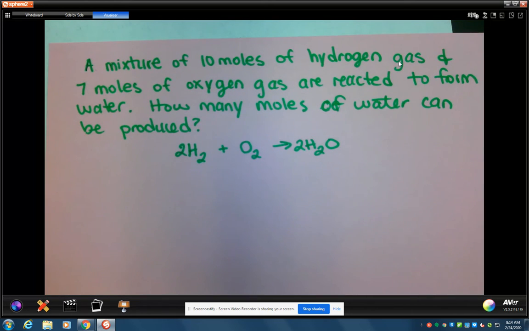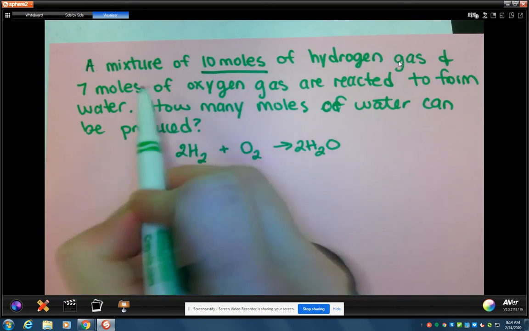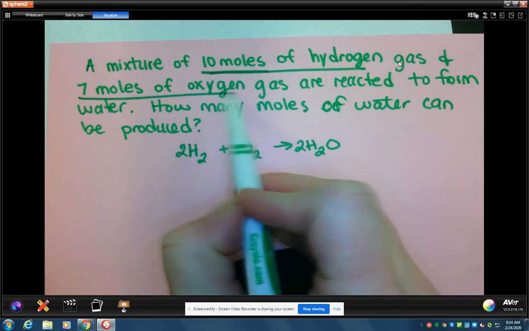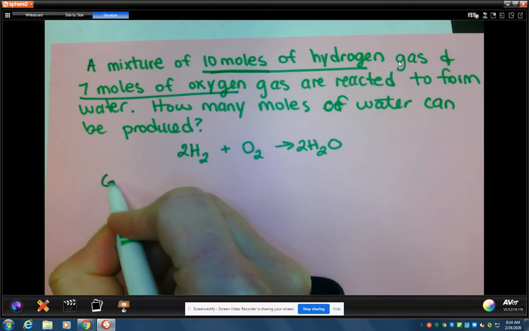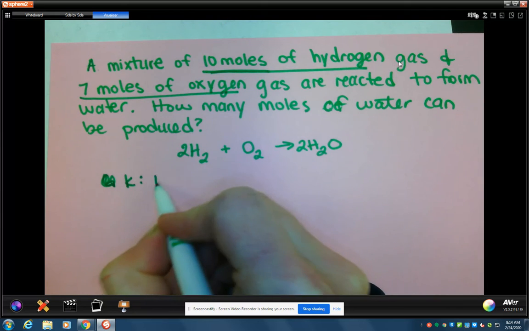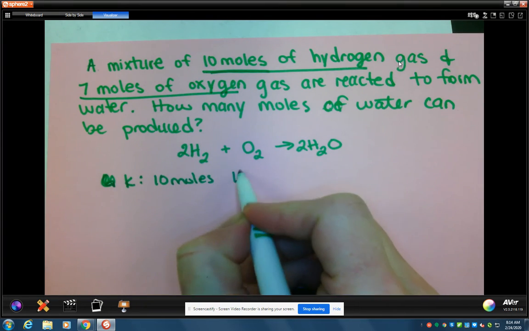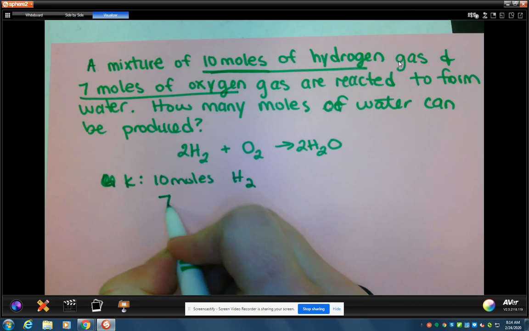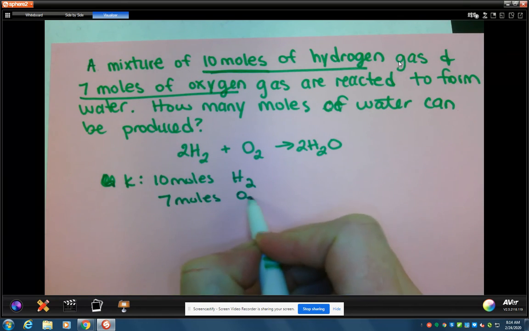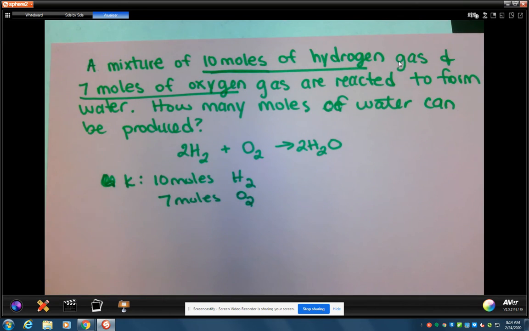Now, this one's a little special because it actually gives you two givens, 10 moles of hydrogen, 7 moles of oxygen. So your knowns would be 10 moles of H2 and 7 moles of O2. Anytime you're given two givens, you're going to have to solve the problem 2 times.